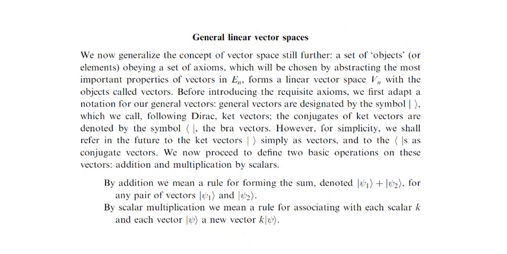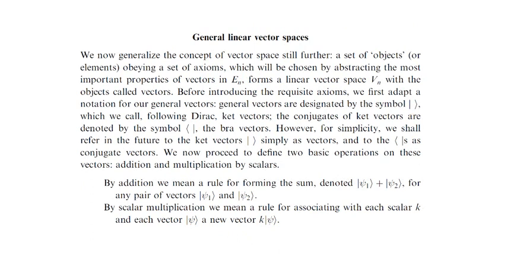Okay, and this was a notation that was introduced by Dirac. You will be coming across such notation in quantum mechanics, Dirac notation for state vectors, and this is how he used the notation to represent the state of a system. And we will be using this same notation here also.